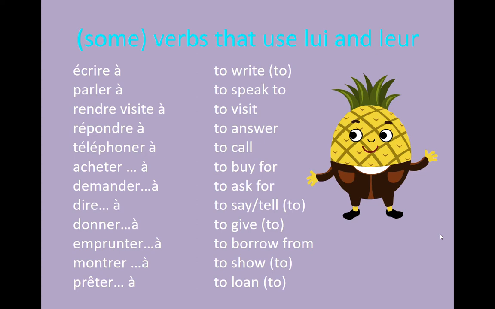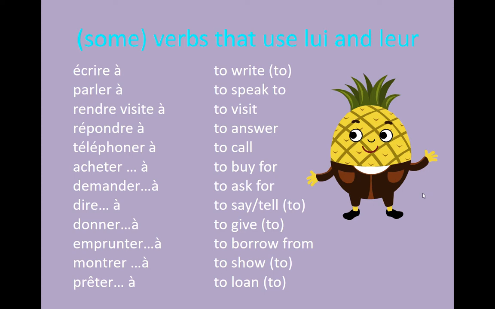The only one on here that you might want to notice that can sometimes be strange is acheter. Notice that this says acheter à. That's to buy something for someone. So if I say j'achète le stylo à Claire, I'm buying the pen for Claire. I've got à Claire, so I can replace à Claire with lui. What if I wanted to replace le stylo?